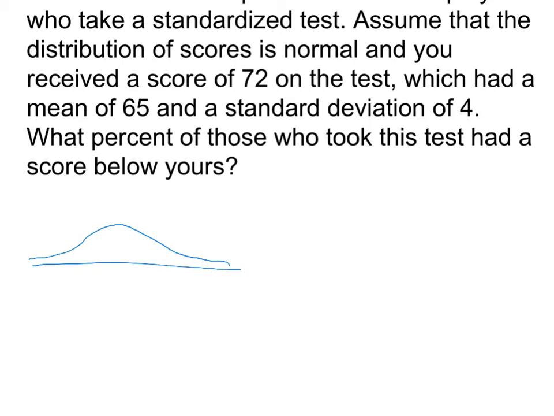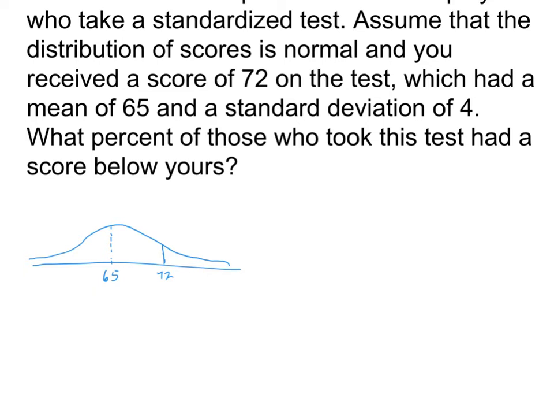We're told that the mean, which goes in the middle, is 65, and the standard deviation is 4, and somewhere off to the right of the mean, you have a score of 72 on the test. That 72 represents your score. So what we want to know is, is that good enough to be in the top 10% of all the people that take this standardized test?